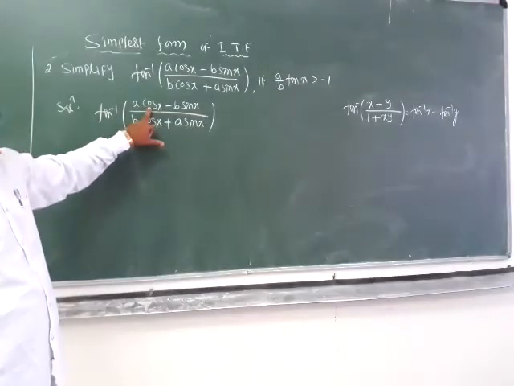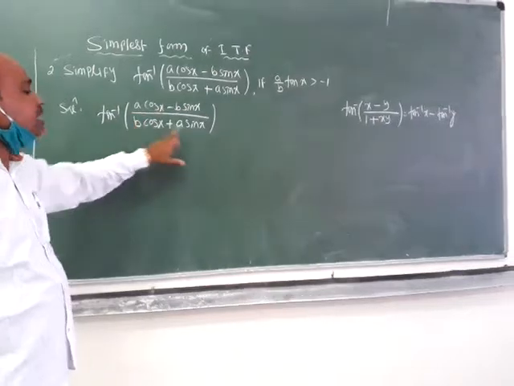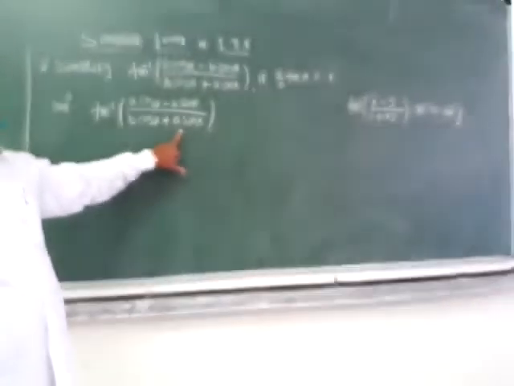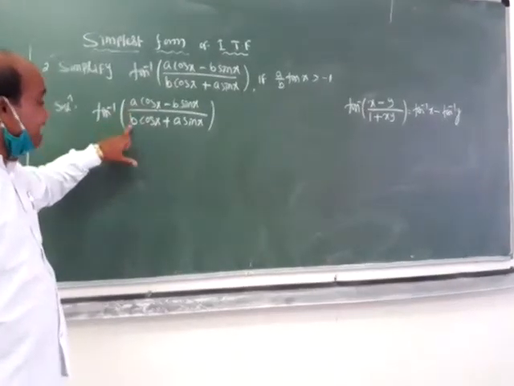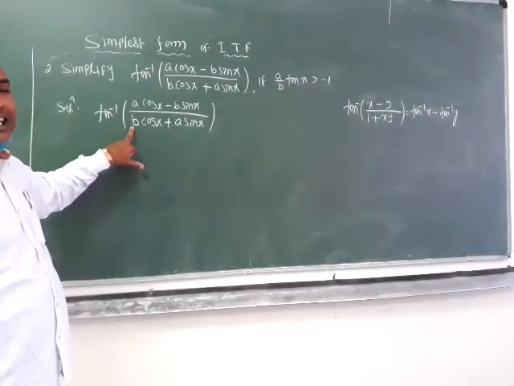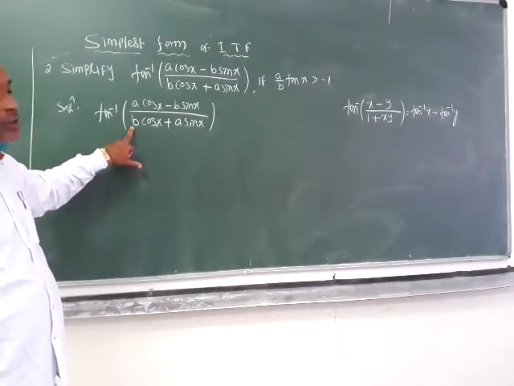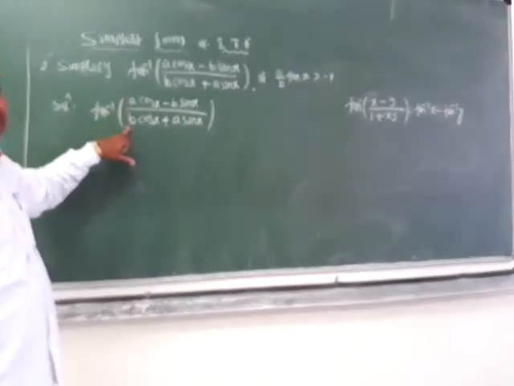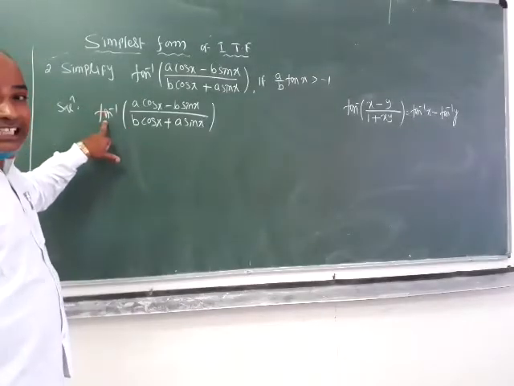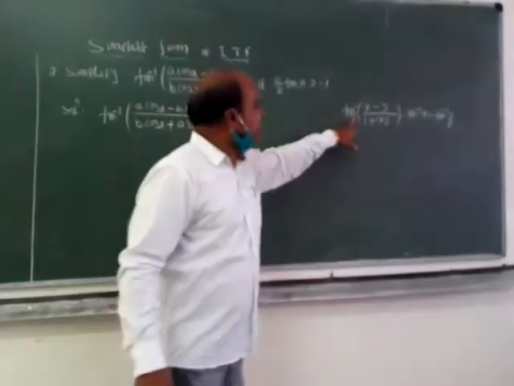But in the present question, a and b are there. If here a and here a, then you can directly divide by a cos x in both numerator and denominator. But here both constant and changing terms are there. So try to convert like this.